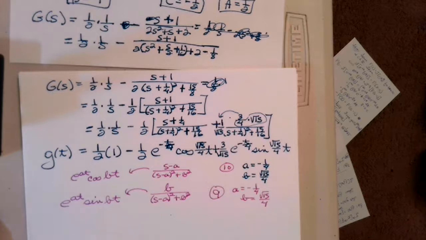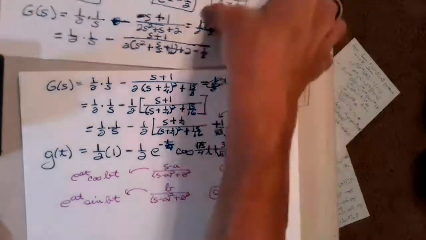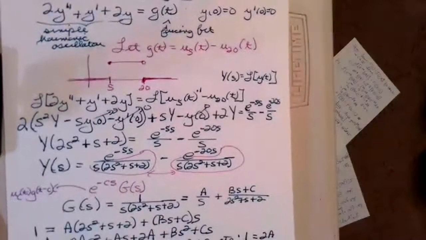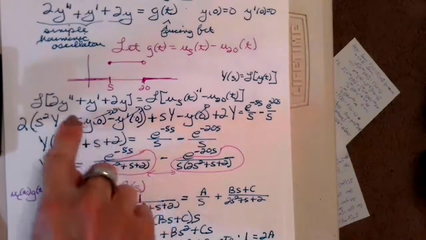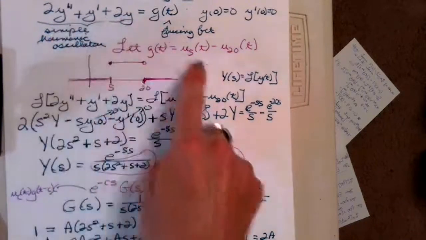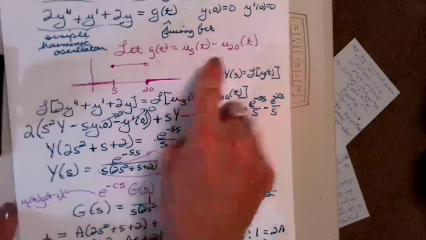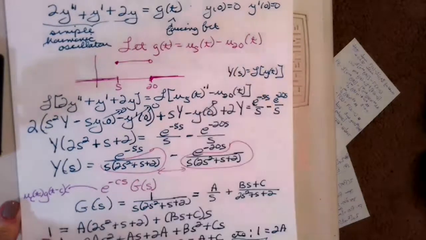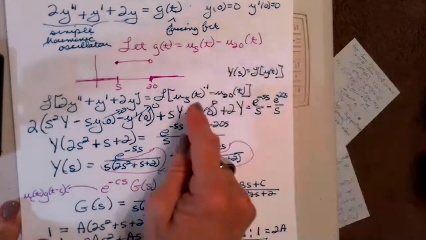You could do this by a different method if you wanted to. If we go back to the original problem, you could look at this problem where the right-hand side is u5 of t minus u20 of t, but you would have to solve 3 different ordinary differential equation problems.